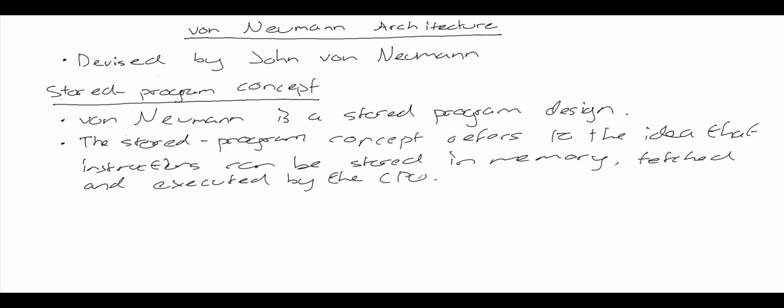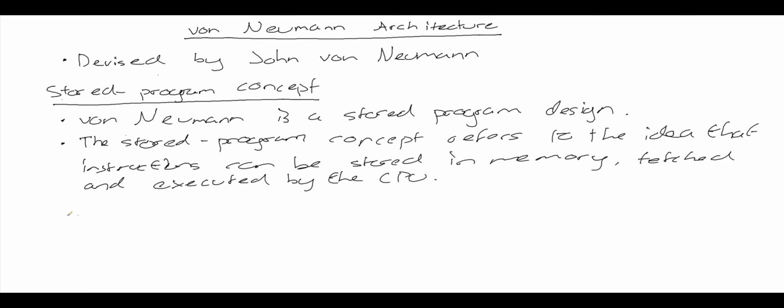So von Neumann is a stored program design. The stored program concept refers to the idea that instructions can be stored in memory, fetched and executed by the CPU, and this is opposed to the early computers, which had to be physically rewired if you wanted them to perform a different task.